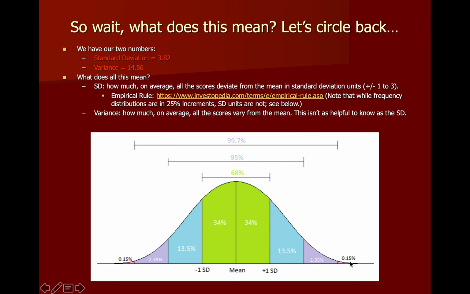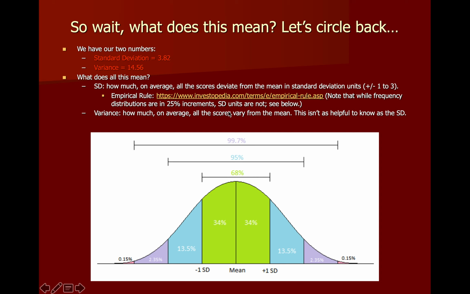It's really out here in the tails, or you could have -1 standard deviation, -2, -3. So if you get scores out here, that's really significant. These increments can be utilized on any data set that you have, and these are very commonly known percentages.